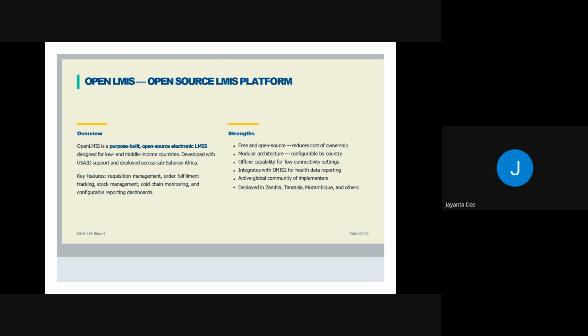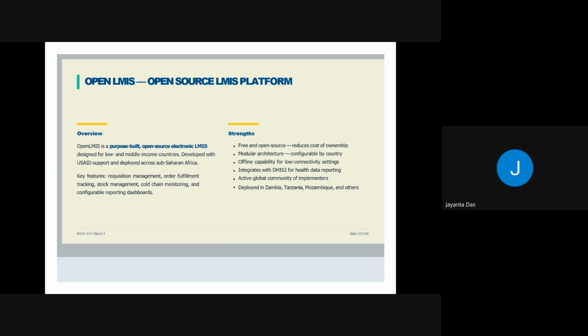Integrates with DHIS2 for health data. DHIS2 is District Health Information Software 2, and this is a health management information system. It was developed in Oslo, and it is also open source. And again, this is also used in sub-Saharan Africa.